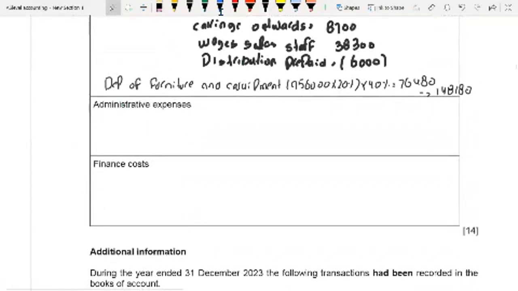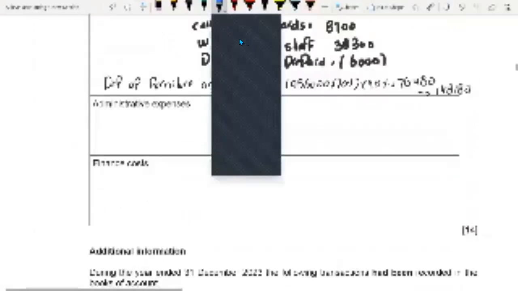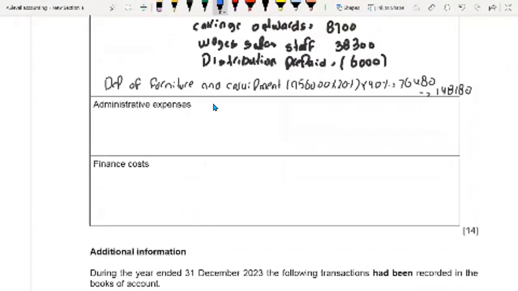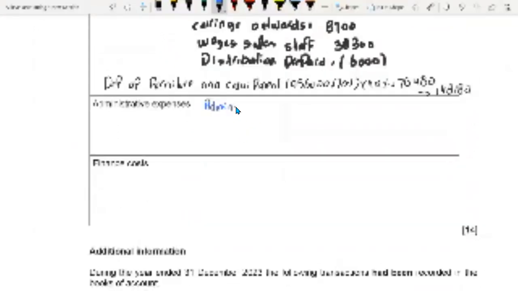And we have depreciation also. In the administrative expenses in the trial balance, this is 17,200.